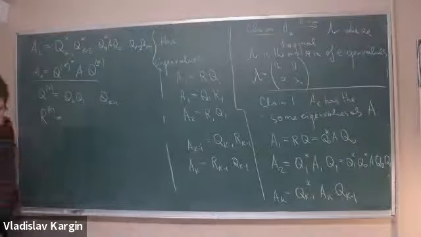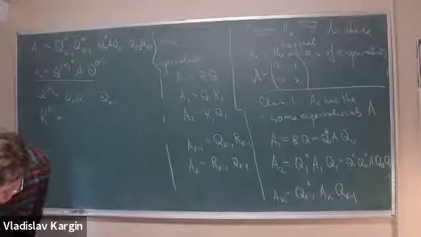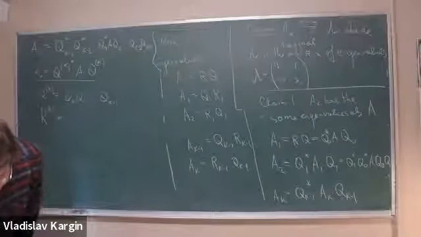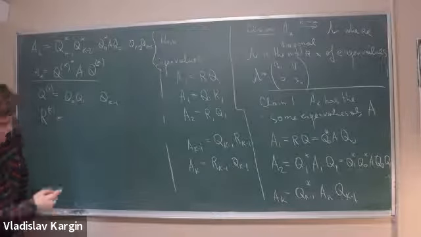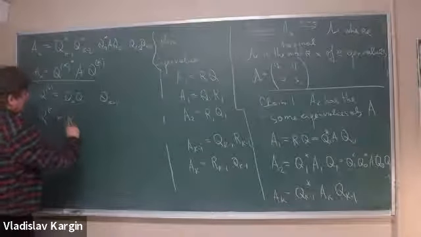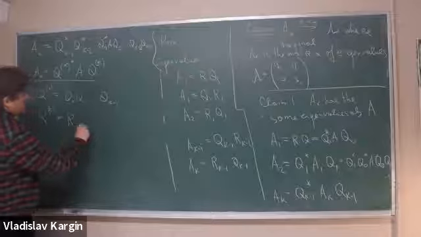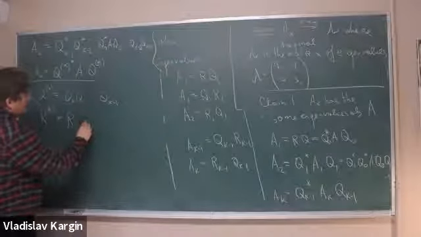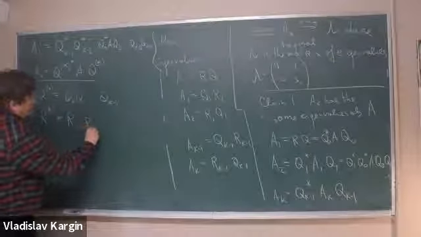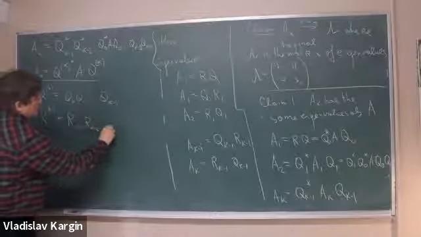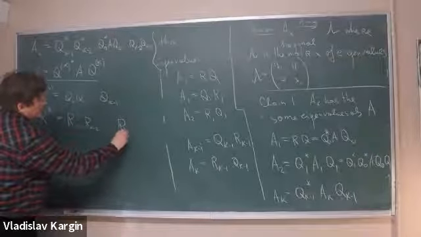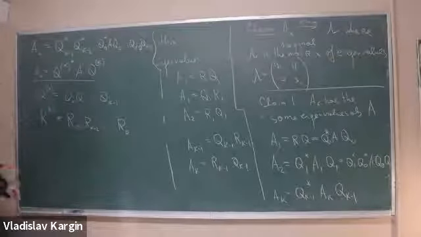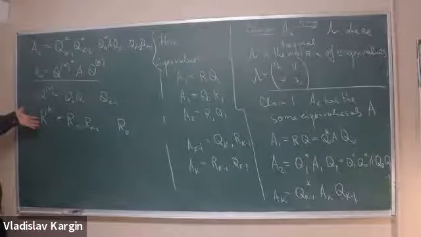I guess it should be defined like this: R K minus 1, R K minus 2, down to R0. So we can define it like that, right?